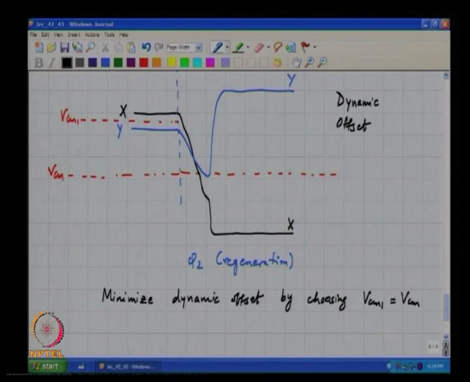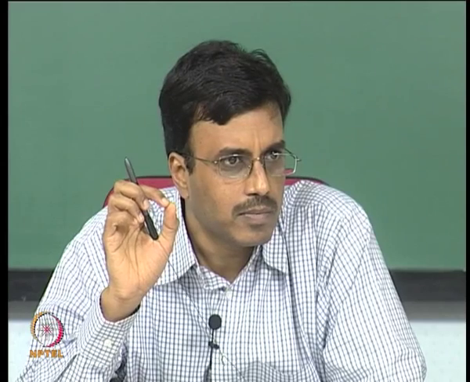Okay. So, this should also tell you why it makes sense to short the two nodes x and y together during the reset phase phi 3, rather than connecting them up to a common potential, namely VDD.